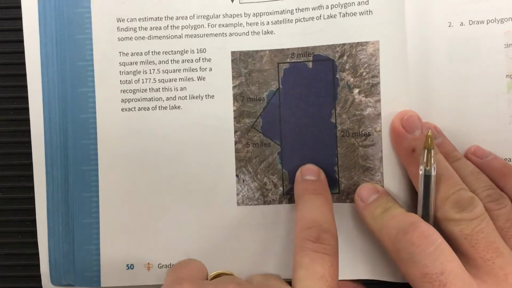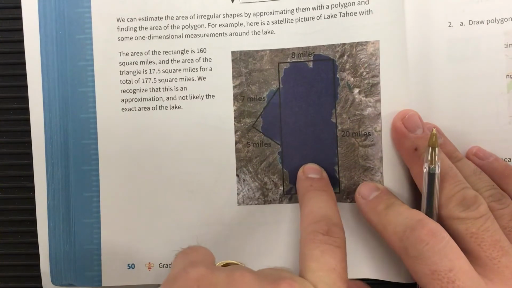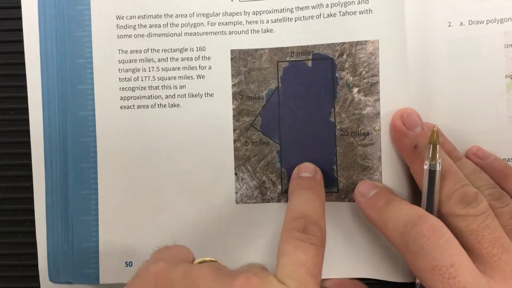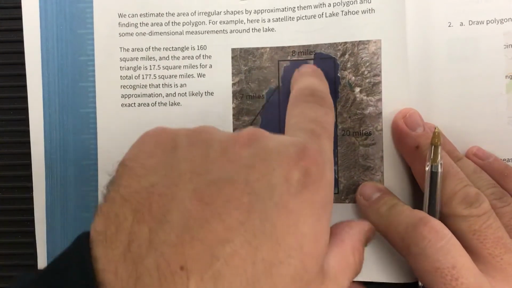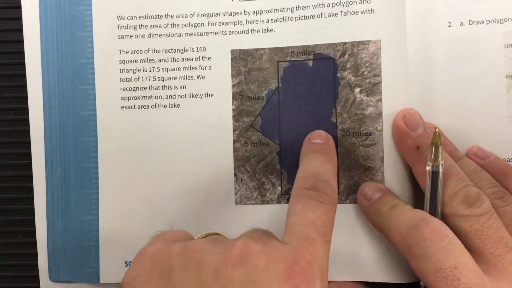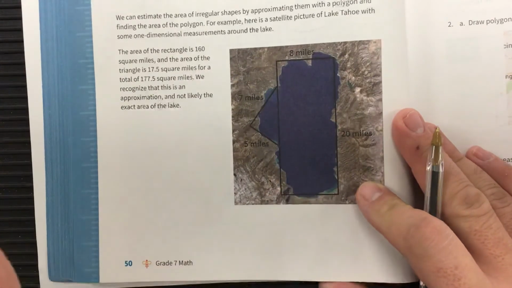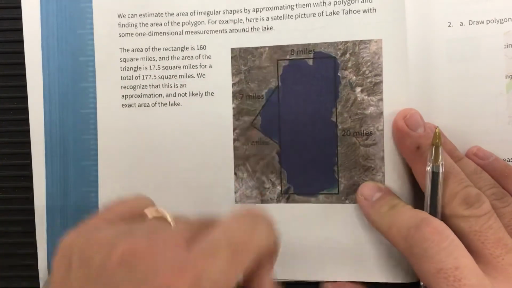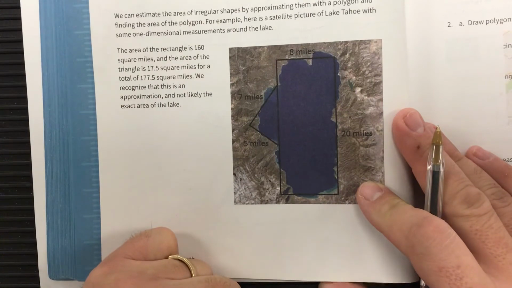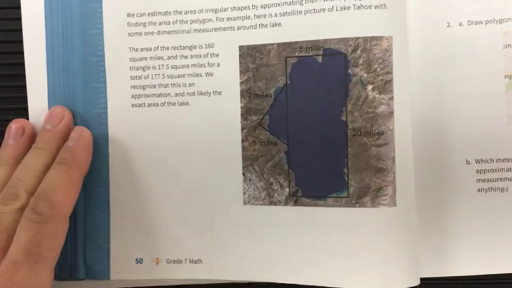So like this pond or lake, it's impossible to figure out the area of every little corner of this. So you can estimate it, making it into a rectangle and a triangle. The more shapes you draw, the more accurate you can be.